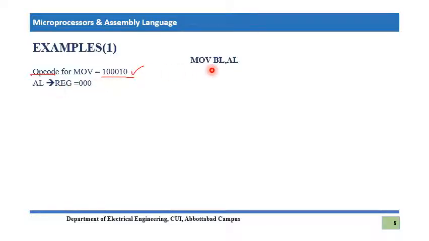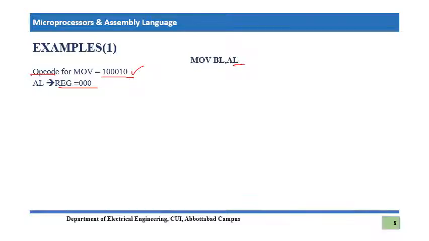Next, we know that AL is a register, so we are going to encode AL in the register field. We remember for register, if we are going to encode AL, the register field will be equal to 000 according to that table. I recommend that while watching this video you note down that specific table, or I have already uploaded it on your portal, so you can use that table to understand it clearly.